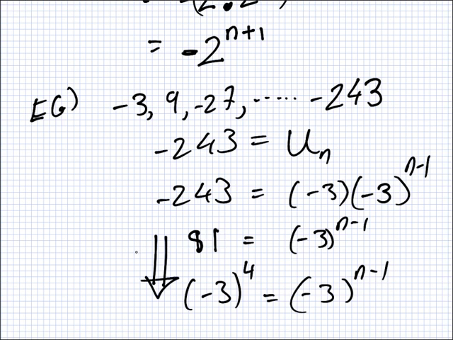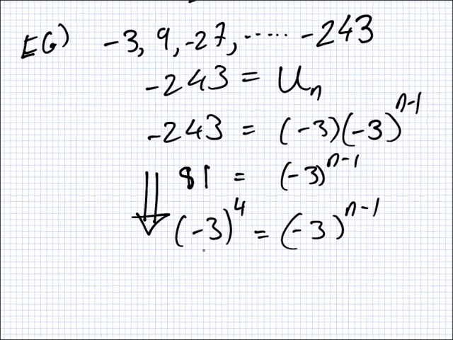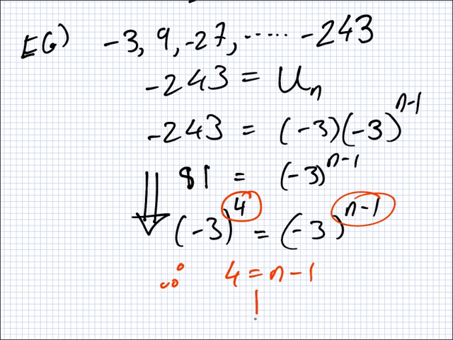What's the advantage of doing that? Yeah, you can see that on the top, minus 3 to the power 4 equals minus 3 to the power n minus 1. So therefore, you must have this, which means n is 5. Okay, that's getting harder now, if you can write that down.